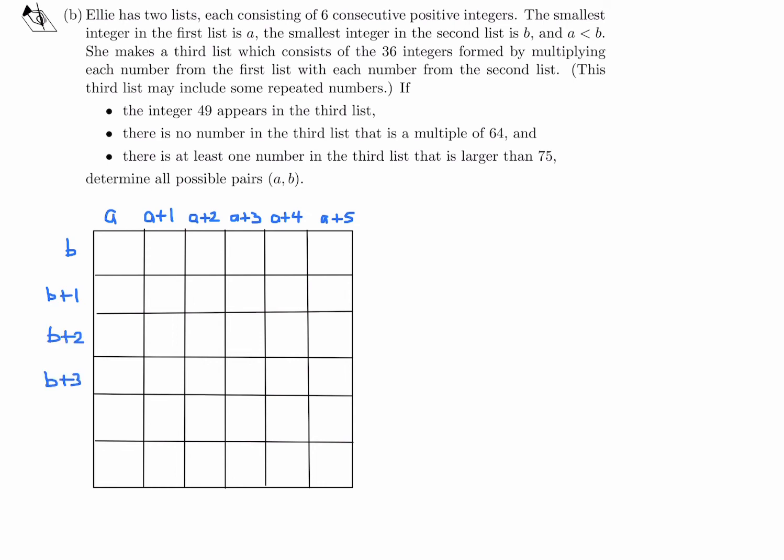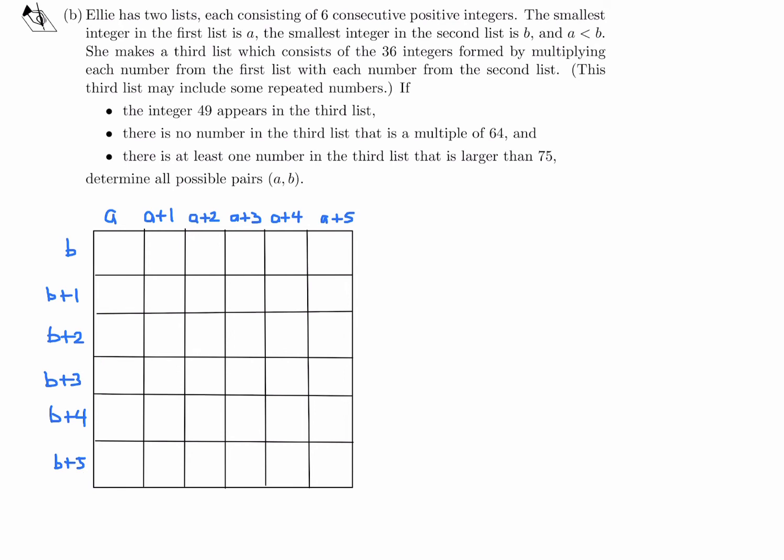So what they're saying is that when these 6 numbers on the vertical are multiplied by the 6 on the horizontal, we get basically 36 numbers, which is what they have said. So just to clarify, these are the numbers on the horizontal part of the diagram, and these are the ones on the vertical.